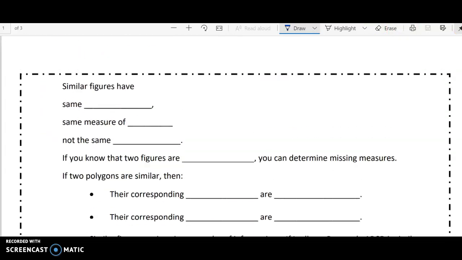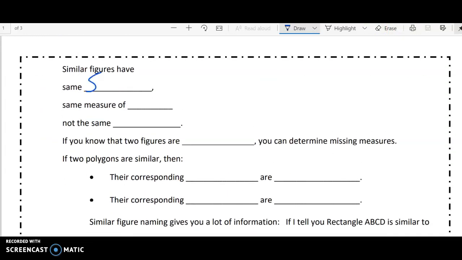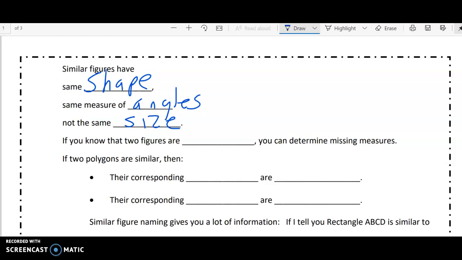So similar figures have the same shape, same measure of angles, not the same size. If you know that two figures are similar, you can determine missing measures, because if two polygons are similar, then they are proportional.